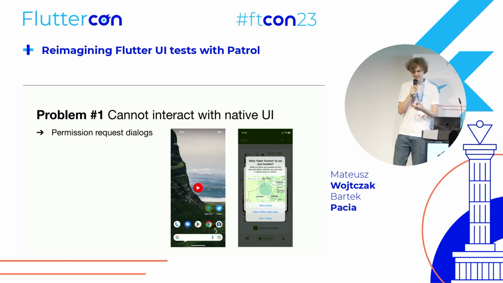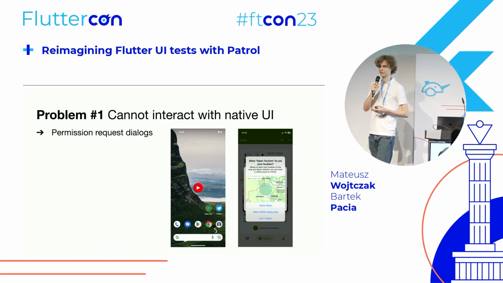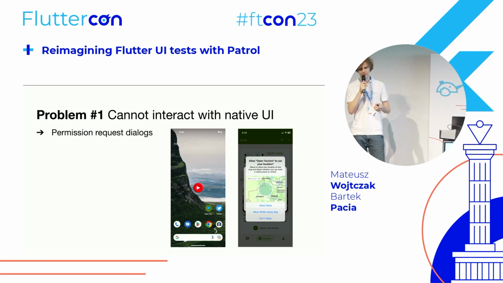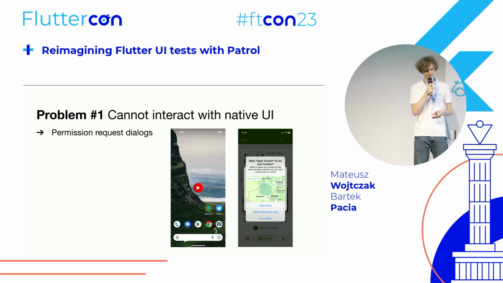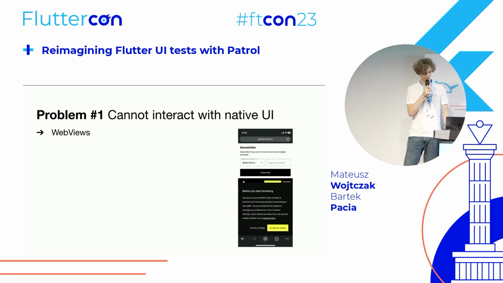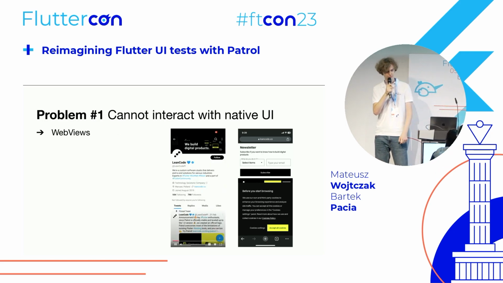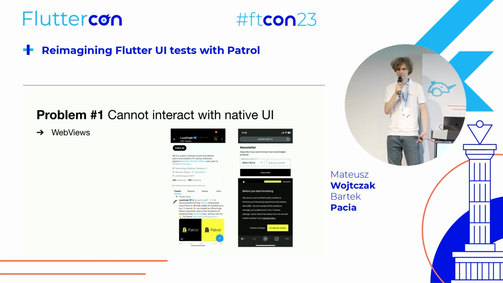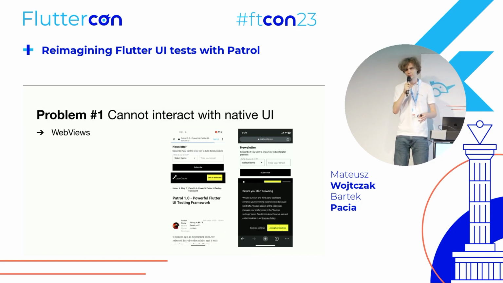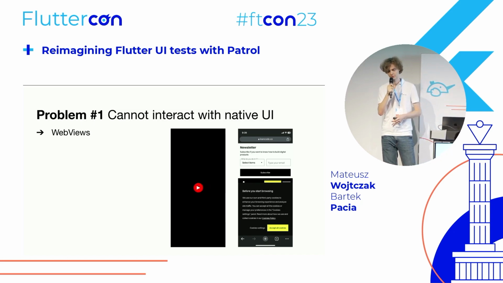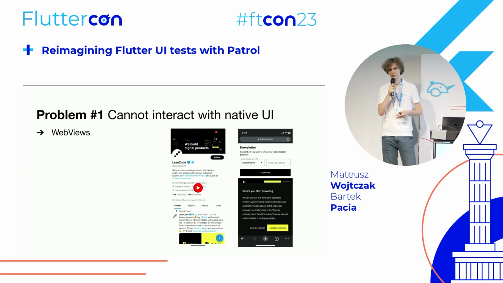And that dialog is the most glaring example of native UI blocking Flutter UI and making your test impossible to progress, but there are more. Another very common case is a web view, right? Almost every app has a web view at some point. And the problem with web view is that from Flutter's perspective, it's a platform view and its contents are completely opaque.